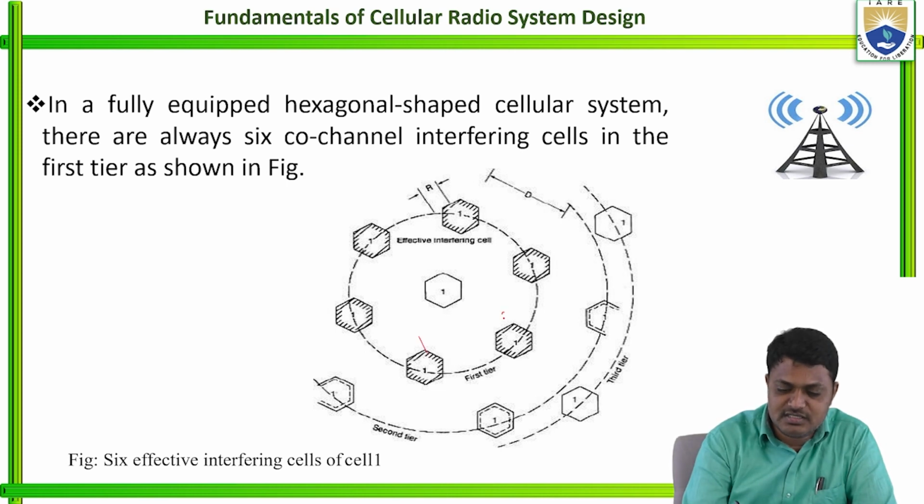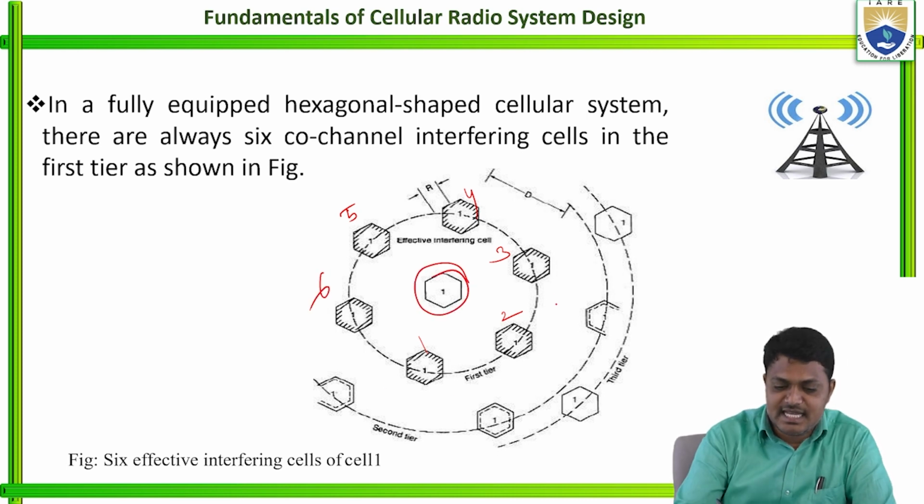This is cell 1, cell 2, cell 3, cell 4, 5 and 6, and this is the nearby cell. So these 6 cells are interfering with this cell.